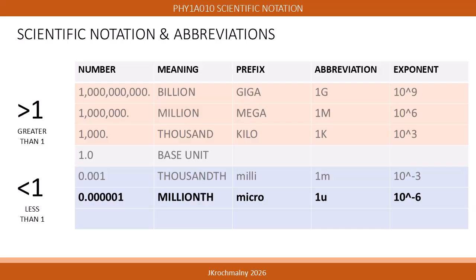Converting the value of 0.000001 to scientific notation involves moving the decimal point right 6 places. We now have 1 u or 1 micro. Converting this 1 micro back to a 10 base value, we write the value of 1 followed by the movement of the decimal point 6 places to the left.